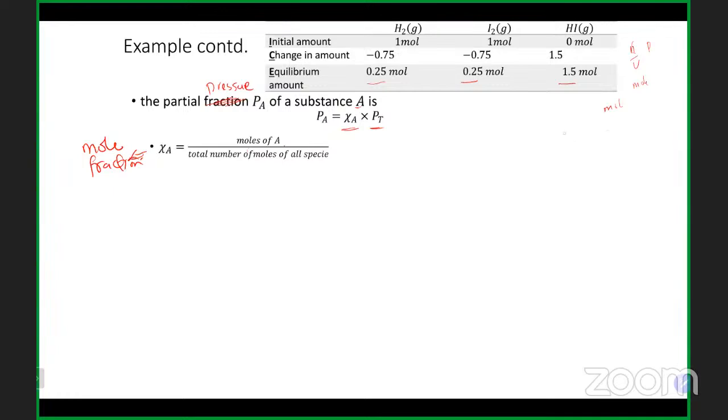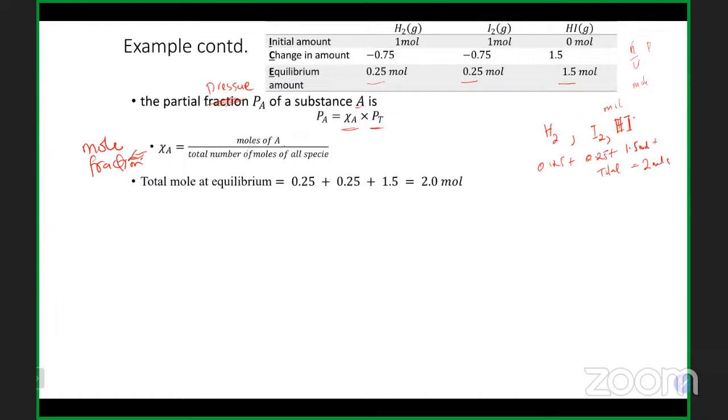In our closed system, we have hydrogen, I2, and HI. At equilibrium, we have 0.25 moles of hydrogen, 0.25 moles of iodine, and 1.5 moles of HI. So in our equilibrium mixture, we have 0.25 plus 0.25 plus 1.5, a total of 2 moles.